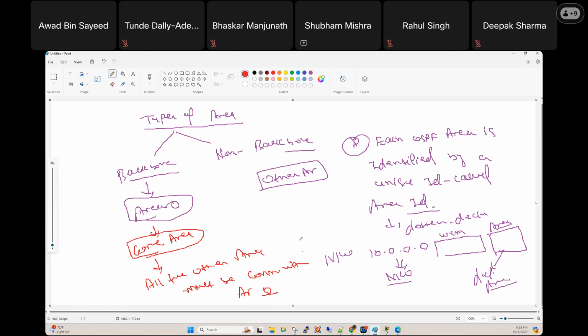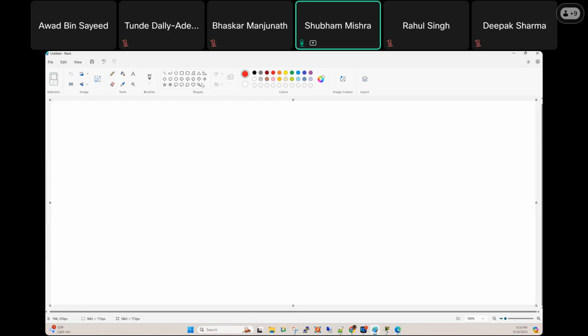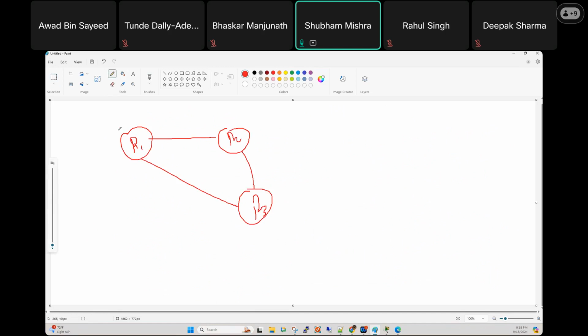Why am I telling you this? Focus here. For example, R1, R2, R3, three routers are there. Let's suppose here I configure area 0 on all the routers.